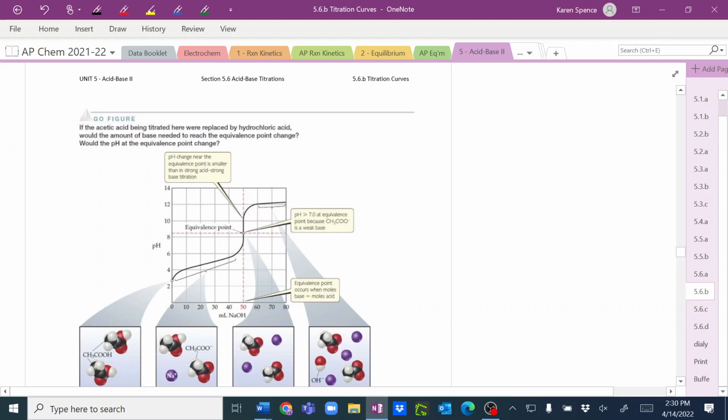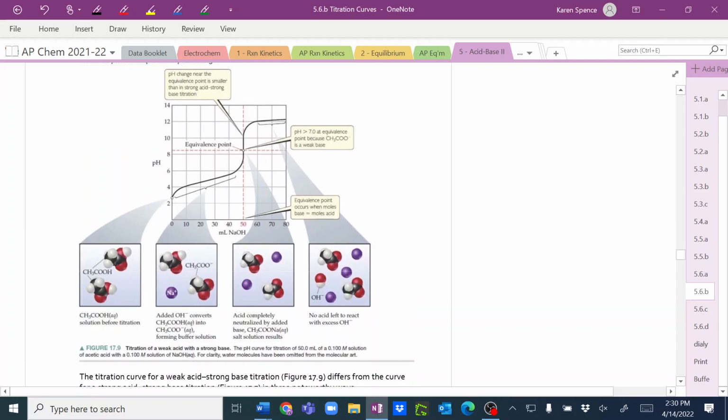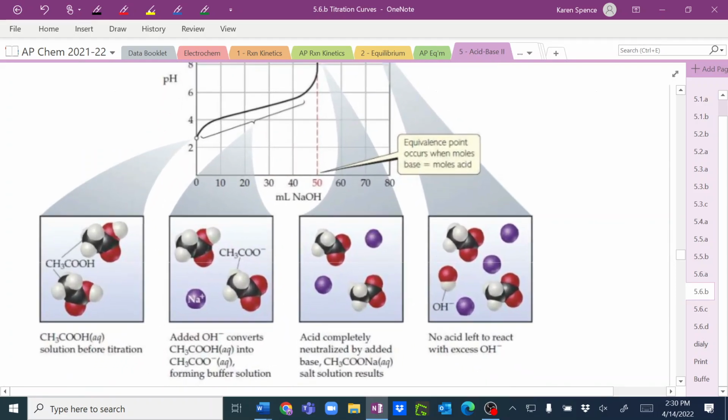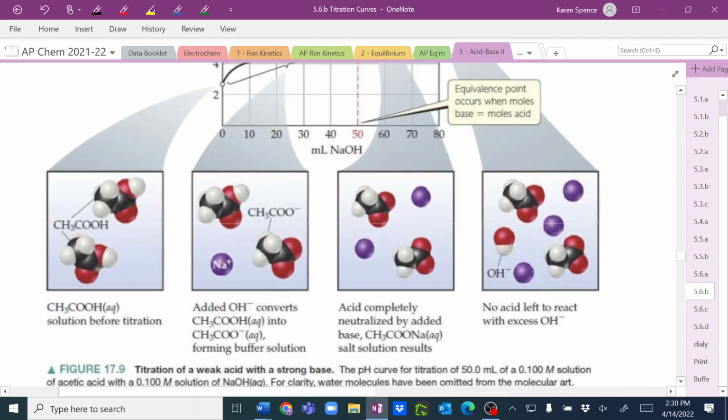So here are some lovely pictures. You can see we have all CH3COOH. Of course, there's a little bit dissociated, but not enough to make much of a difference.